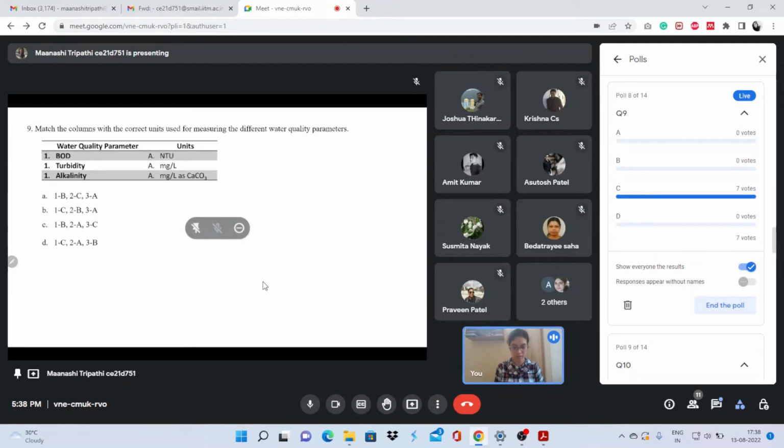Okay, we'll see the answer now. Yes, all of you are correct. So the solution is C: BOD in milligram per liter, turbidity in nephelometric turbidity unit, as the name represents.